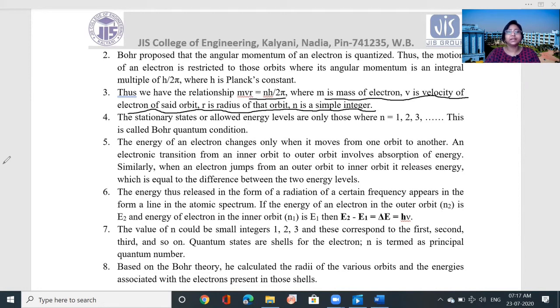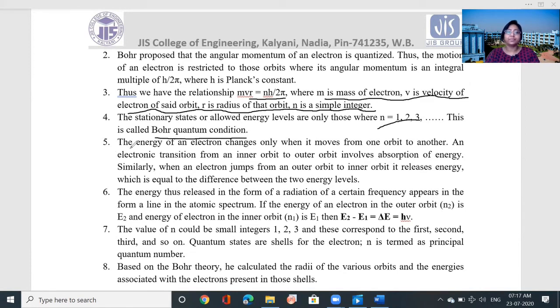The stationary states or allowed energy levels are only those where n is equal to 1, 2, 3. This is called the Bohr quantum condition.